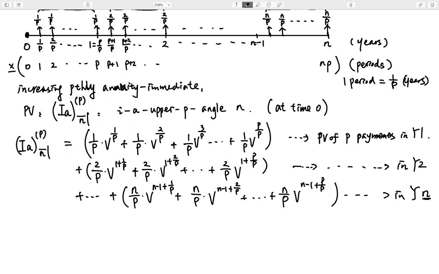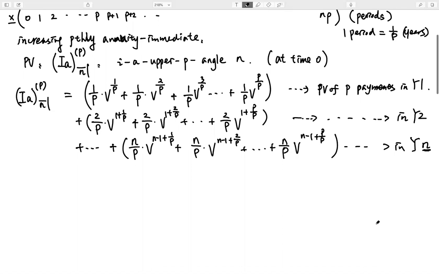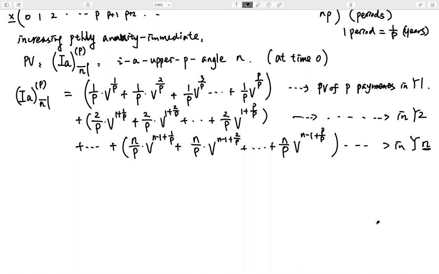Okay, there are many things you can do, right? So here we observe something. What we can observe is the first bracket, it's somehow interesting, right? We can factor this out. Then the first one becomes 1.